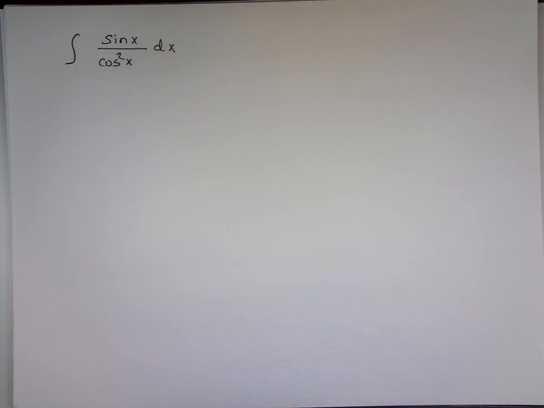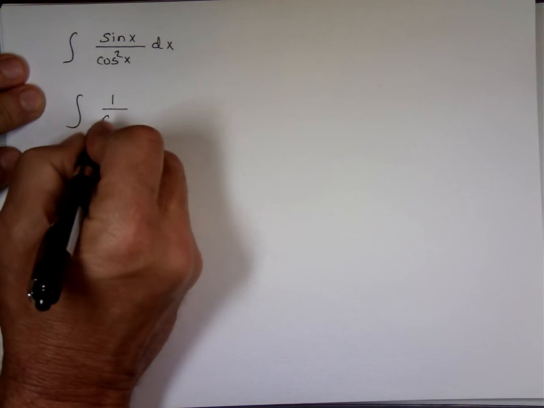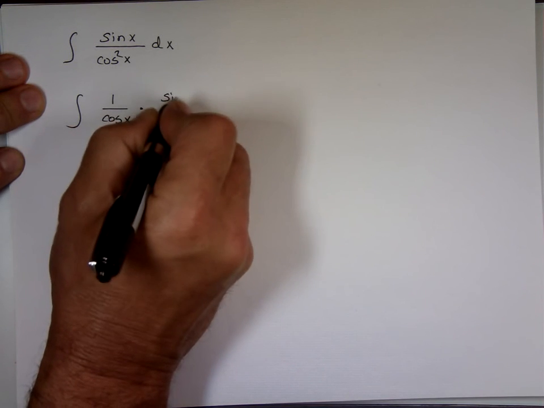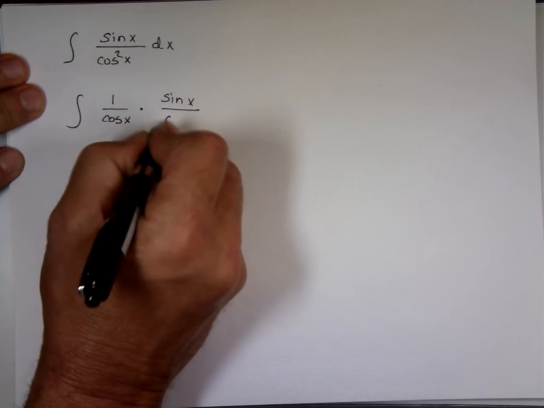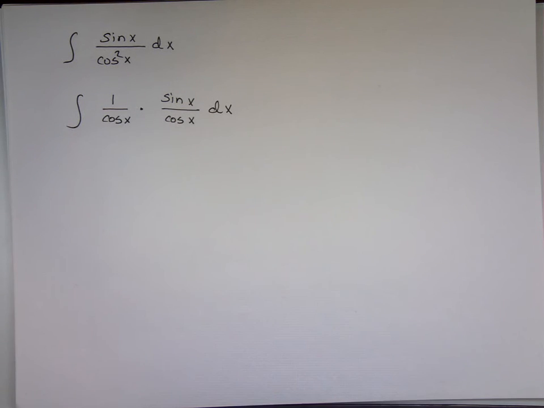Nope. Let me play with this a little bit. Tell me, isn't this the same as 1 over cosine of x times sine of x over cosine of x?